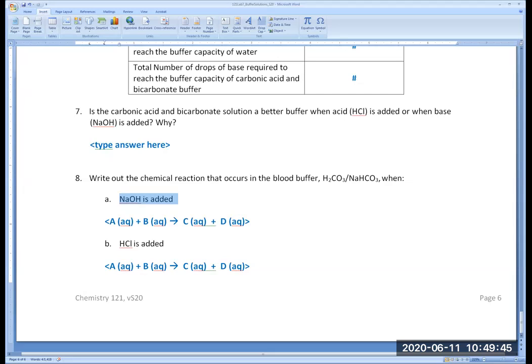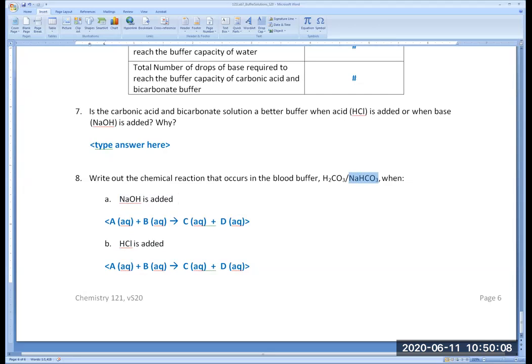And so same thing when you are adding HCl. So this time you're adding an acid, right? HCl is an acid. So when you're adding an acid to a buffer, the acid that is added will react with the conjugate base of the buffer. So that means it's NaHCO3 this time that will be your reactant with the HCl.